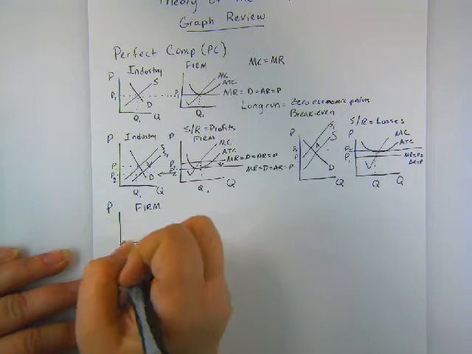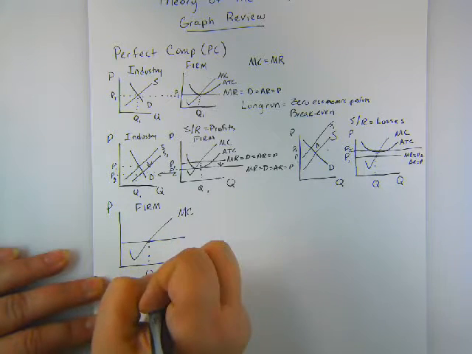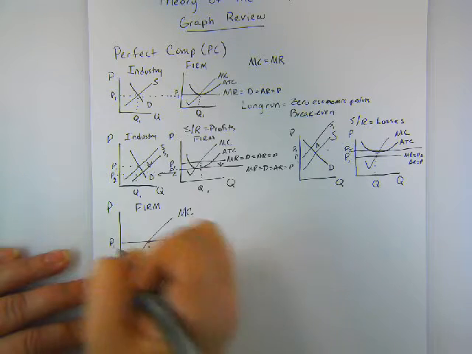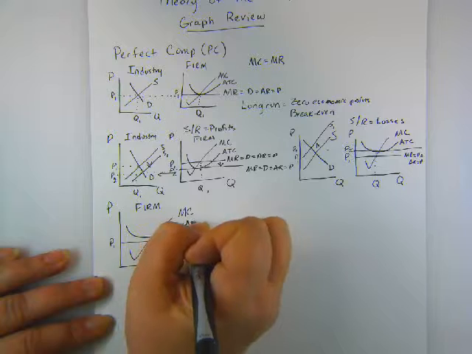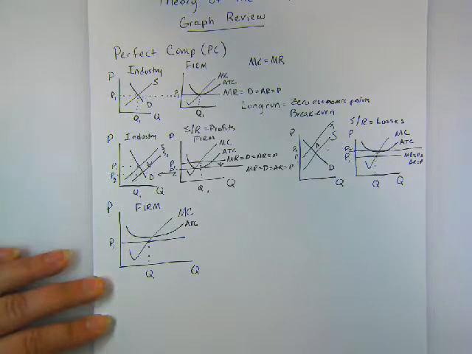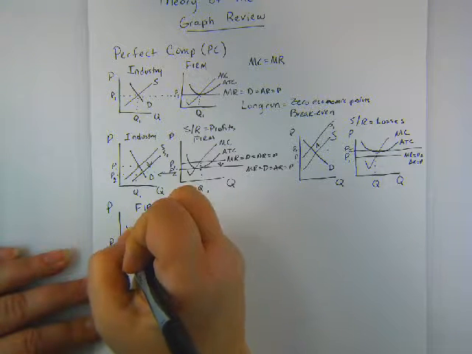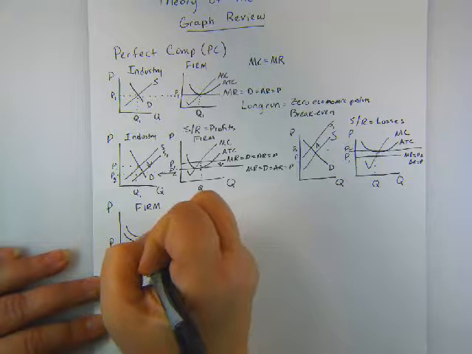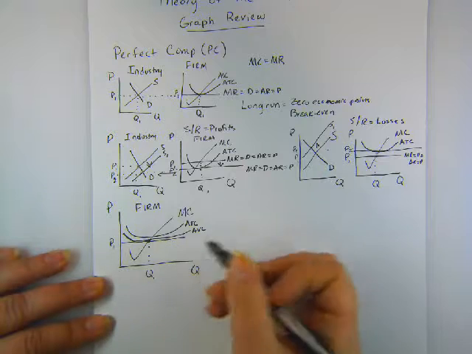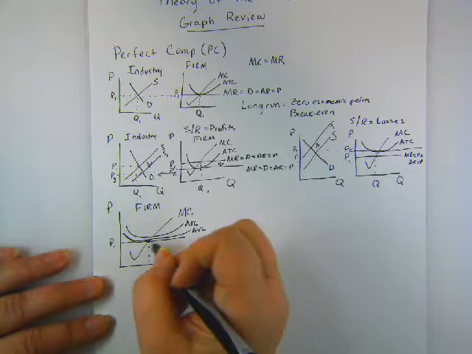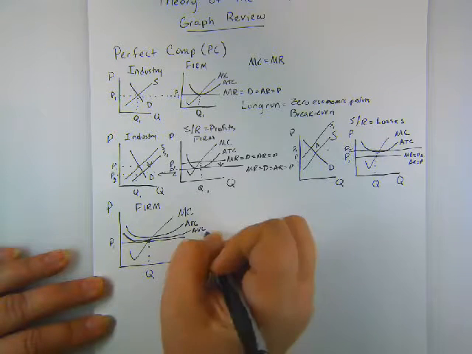If we have a firm that is losing money, so they're here, and their ATC curve is up here, they will continue to operate as long as they are covering their variable costs. If, however, AVC is above price, they can't cover their variable costs to run even in the short run, and they will shut down.